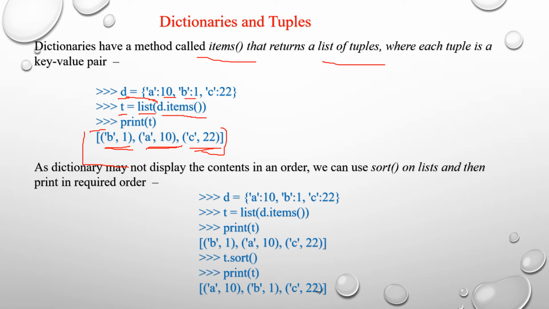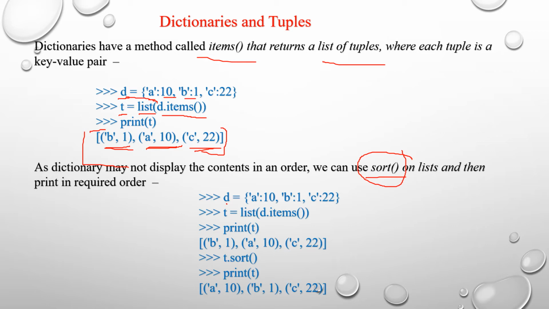A dictionary may not display the content in order. So we can use sort on the list and then print in the required order. Here the tuple list is not in order. If you want to order the tuple list, we can use the sort function. So let's consider dictionary d is equal to a colon 10, b colon 1 and c colon 22.